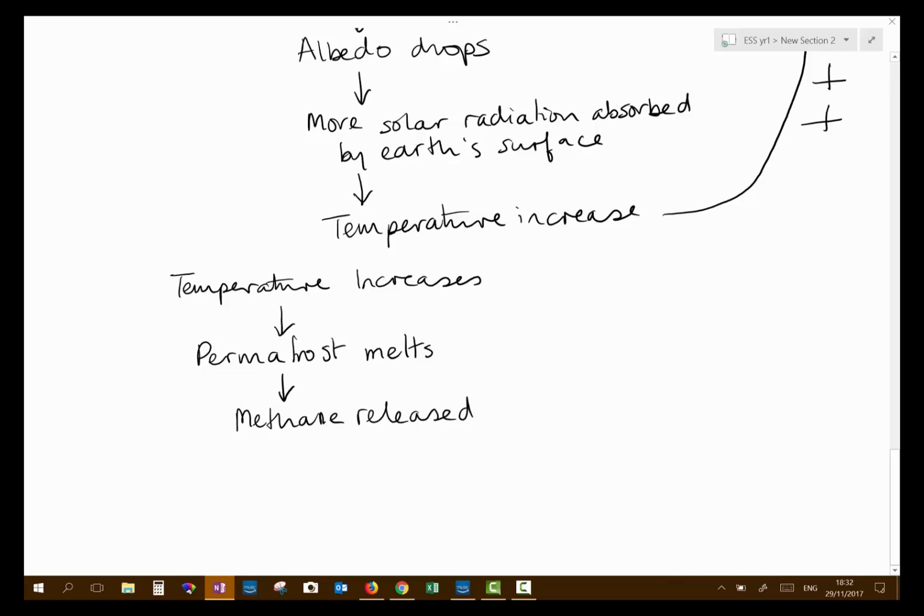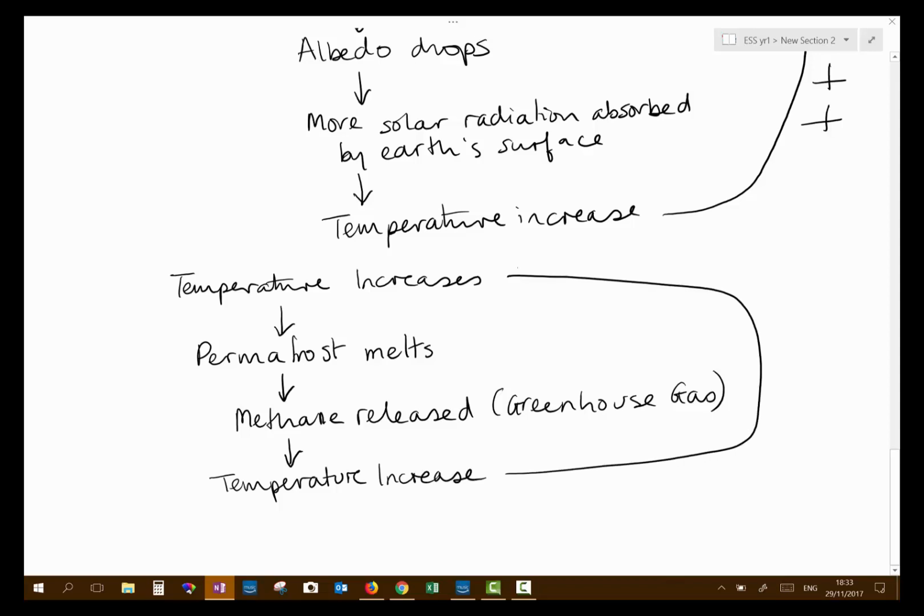Now methane is like the big bad daddy of carbon dioxide, and methane is a super greenhouse gas. And so I'm going to write that down, a greenhouse gas. And so when methane's released, guess what? The temperature increases. So we've got another amplification. There's lots of pluses, but it's bad. This isn't a good thing for the Earth. Okay, so there's some examples of positive feedback.